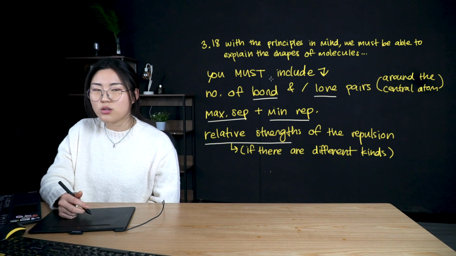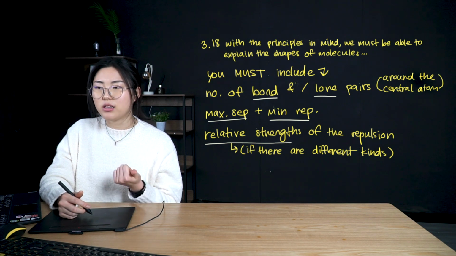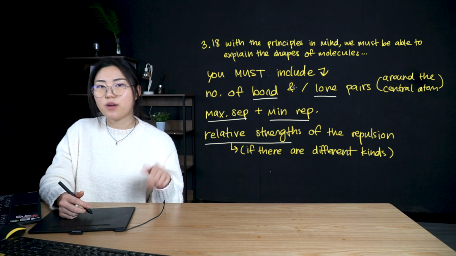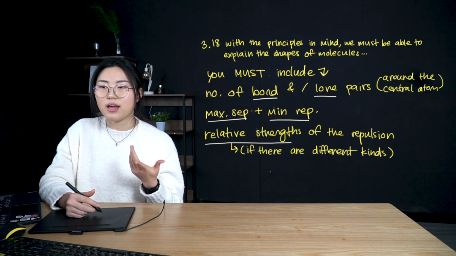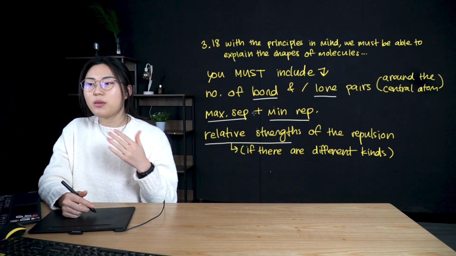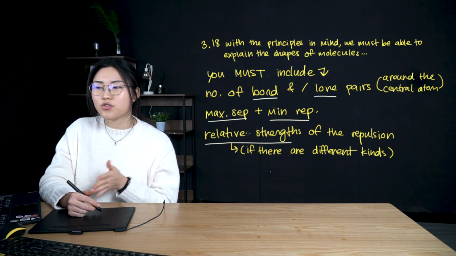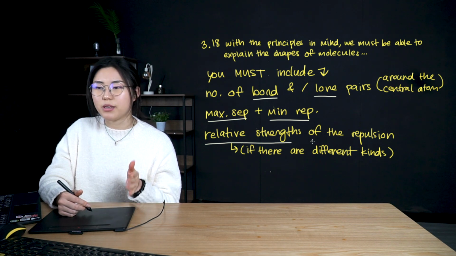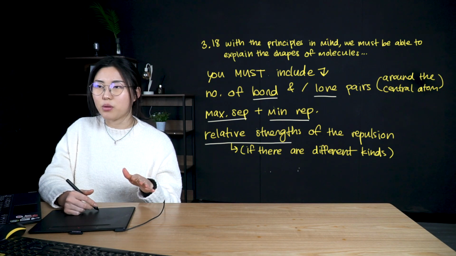When you're explaining the shapes of molecules, you must include the number of bond pairs and lone pairs around the central atom, and that they arrange themselves so that the separation is maximum and they have minimum repulsion. And the relative strength of the repulsions between the electron pairs must be mentioned if there are different kinds. So let's look at examples now.